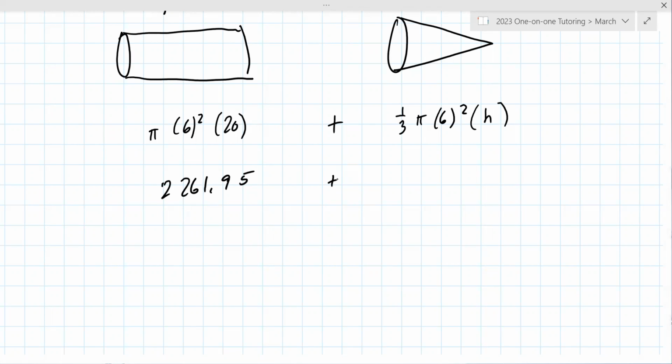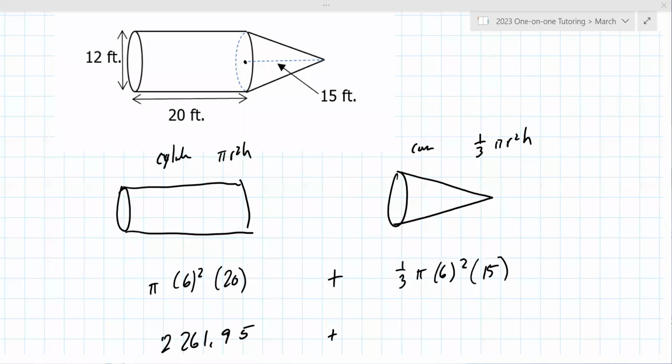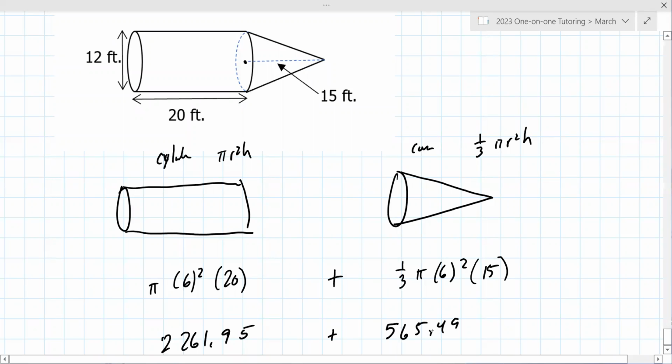Okay, and then for the cone, I got 565.49. So the height of the cone is 15. I got a slightly different number. Let me check mine here. I made the mistake. Yes, that is correct. 565.49. And then you add the two together.